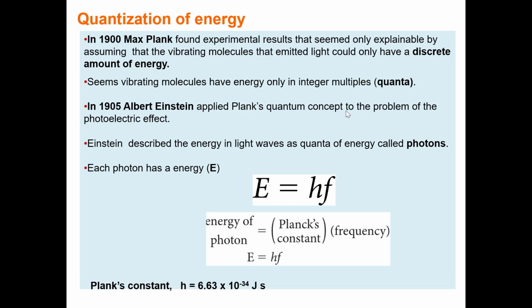He applied this concept to try to explain the photoelectric effect. Albert Einstein described the energy in light waves as a quantum of energy, and he called this quantum of energy a photon.